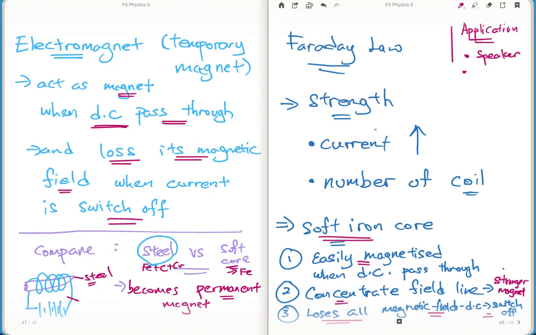Speaker, an important one. Maybe electric bell. Or in some books they will have a relay switch. We'll talk about relay switch in the next chapter, but it's good to find out what a relay switch does with an electromagnet.